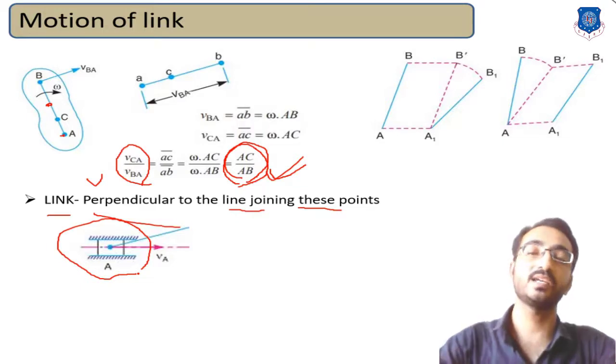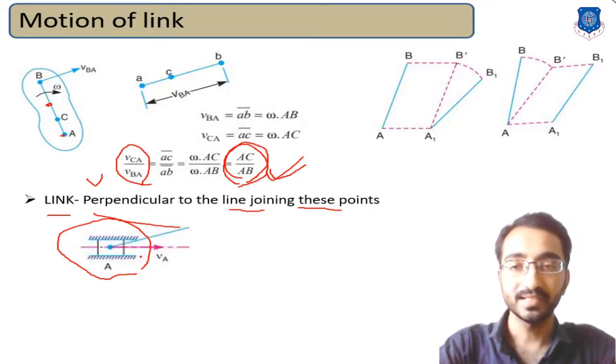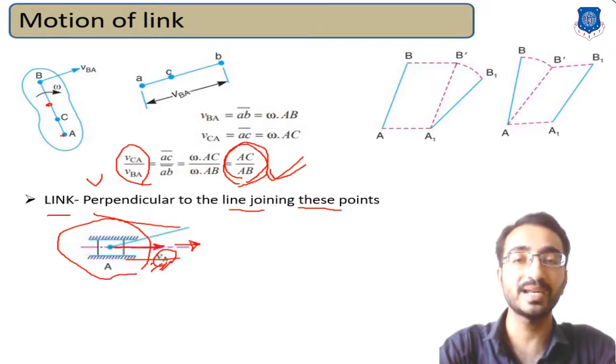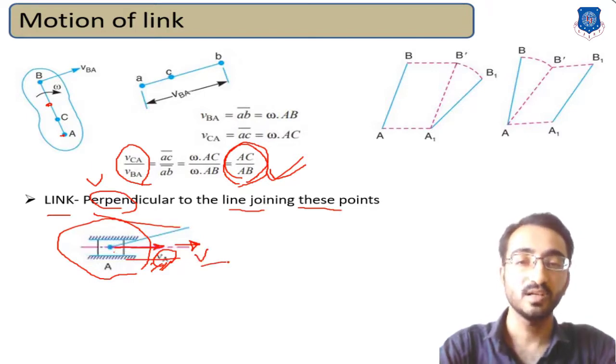What will happen in case of a slider? If you observe the motion of a slider, it is always restricted to a particular direction. So if you move your slider in this direction, then the velocity of the slider will also always be in the same direction. Over here you cannot use the fundamental of perpendicular. If the slider moves in a horizontal direction, then the velocity will also be in the horizontal direction.